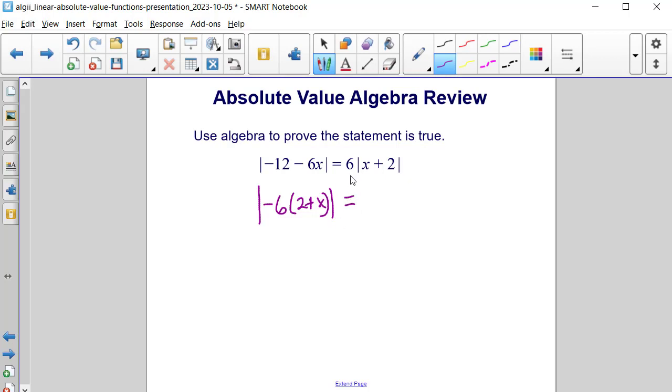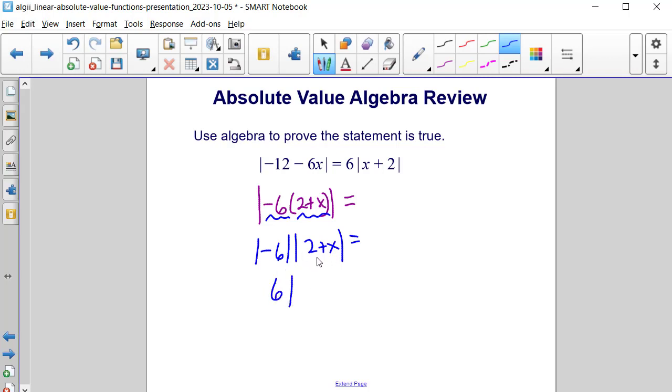And we're trying to prove that it is equal to 6 times the absolute value of the quantity x plus 2. Now, because we have two separate factors inside of the absolute value, we can take the absolute value of each one. So the absolute value of -6 times the absolute value of 2 plus x. And then if we take the absolute value of -6, we get 6.